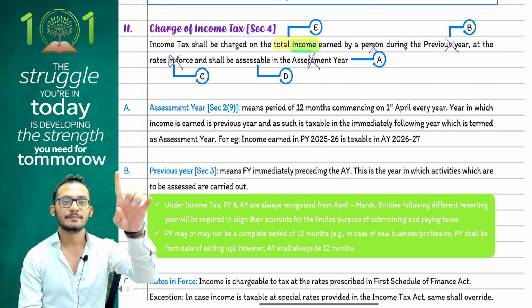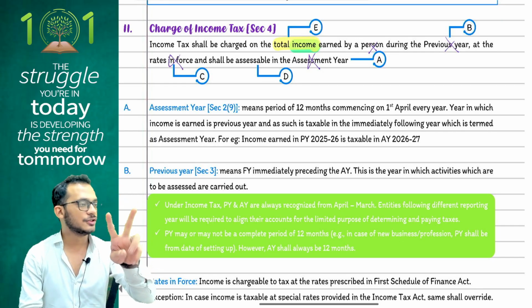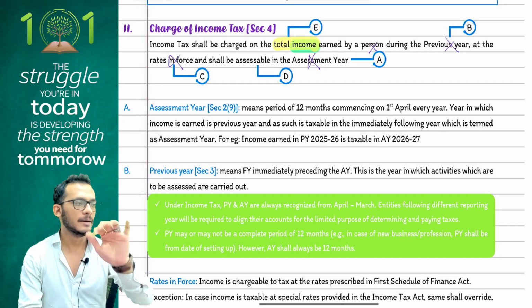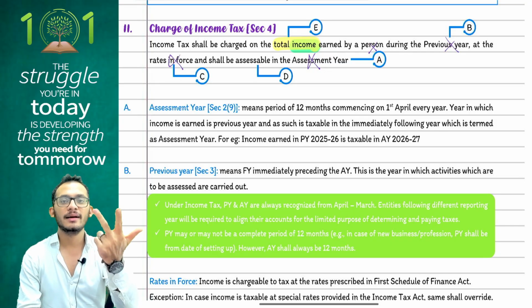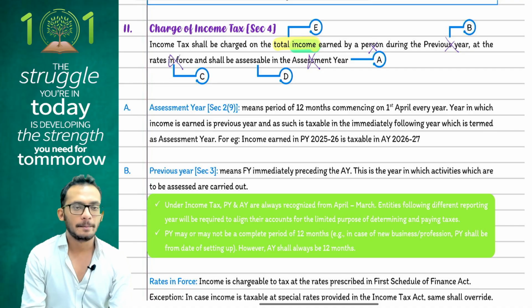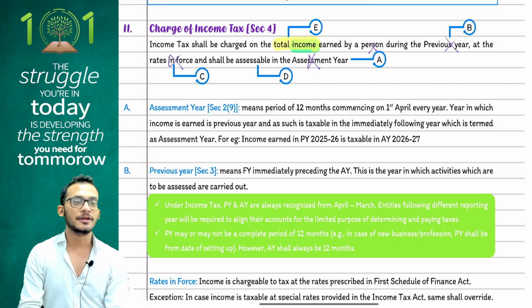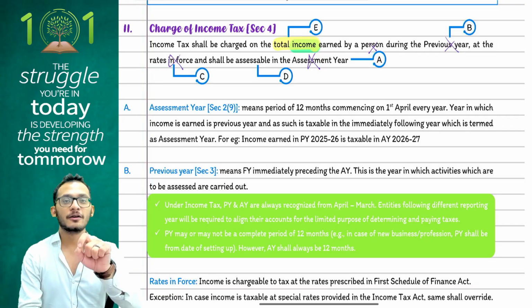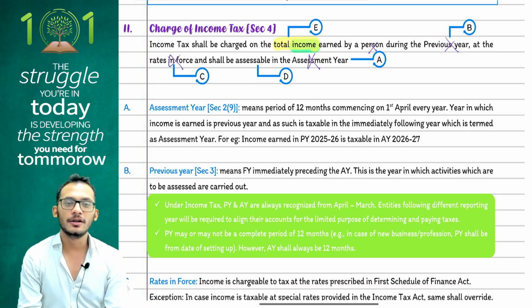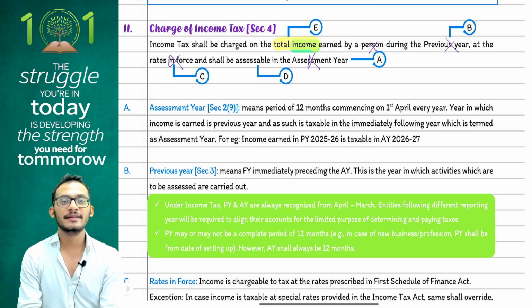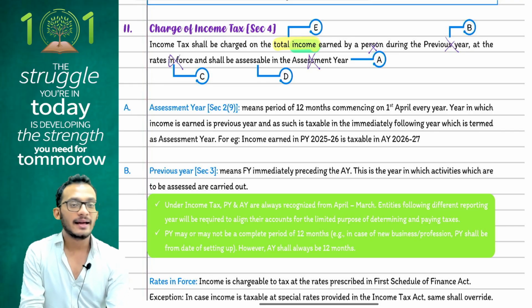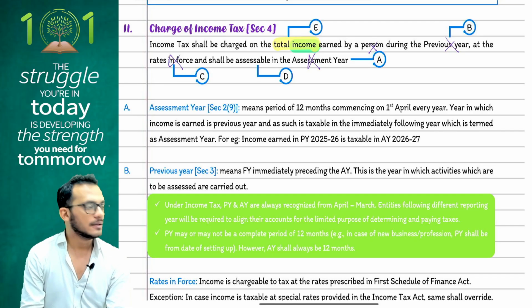Person we discussed as individual, HUF, firm, company, AOP, BOI, local authority, AJP. All these we discussed as a person. Then we discussed the definition of previous year and assessment year. Previous year is the year in which you earn your income, can be for a period less than or equal to 12 months. Assessment year is the year in which you pay your taxes, can always be only for a period of 12 months.